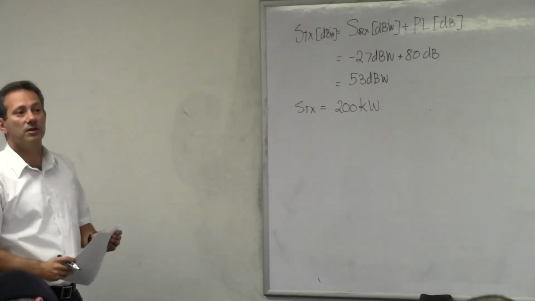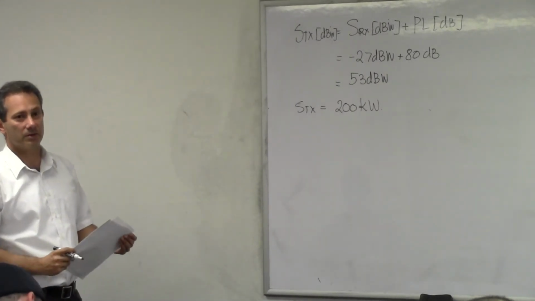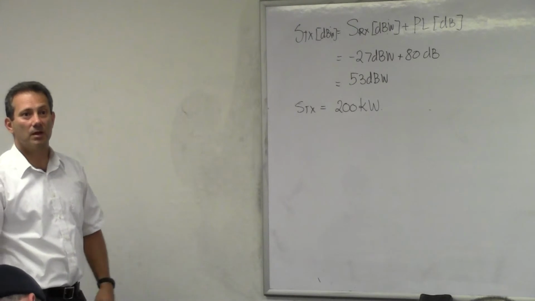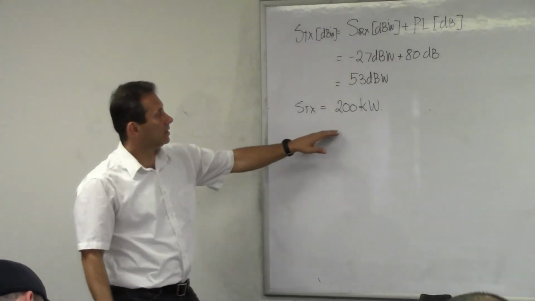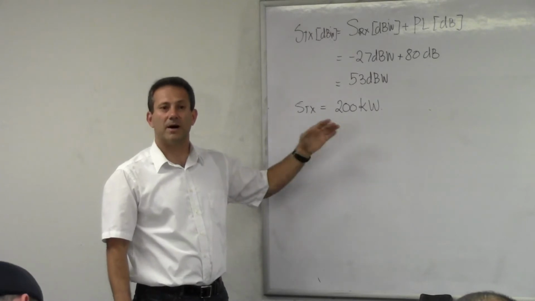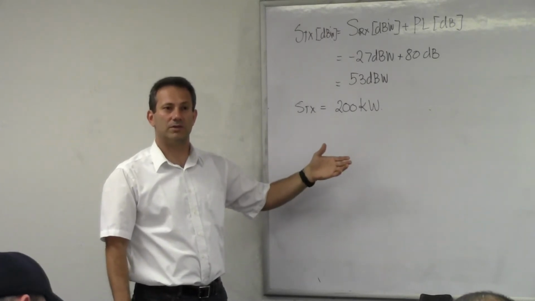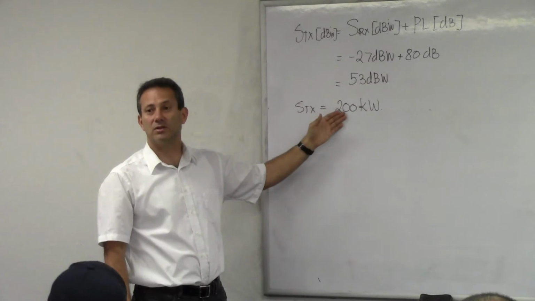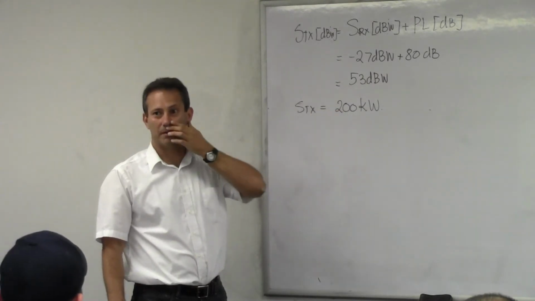That's the transmit power that we need. This is a very large number, but it's what we do. In the broadcast world, we measure power usually in kilowatts. For example, some high-powered analog TV stations can be 1,000 kilowatts, 1 megawatt.